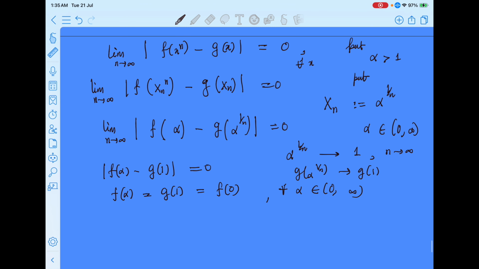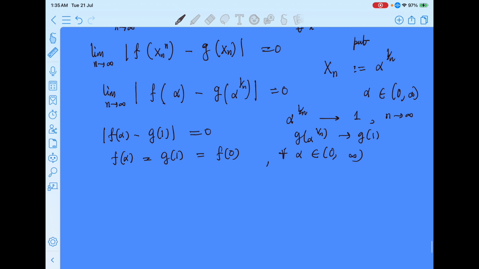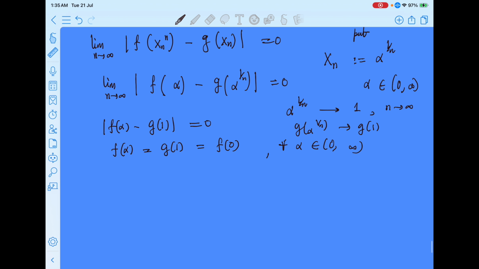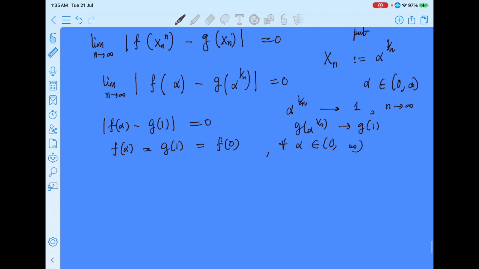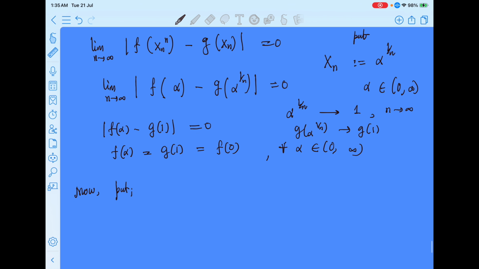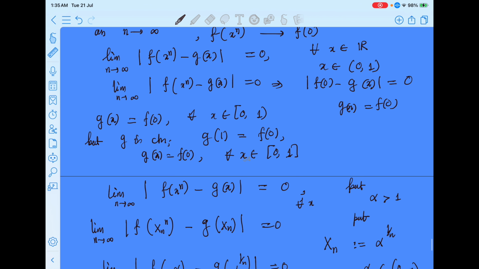Now you have to show it for the negative side. Similarly we can show this.